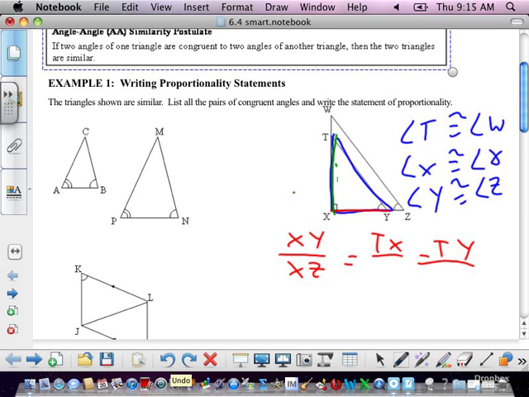TX is corresponding to what? WX, good. Okay, and then we've got TY is corresponding to what? WZ. Okay. So let's make a similarity statement using these. Triangle TXY is similar to what? WXZ.